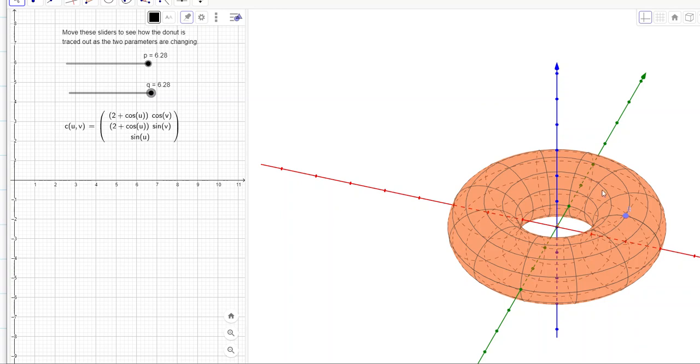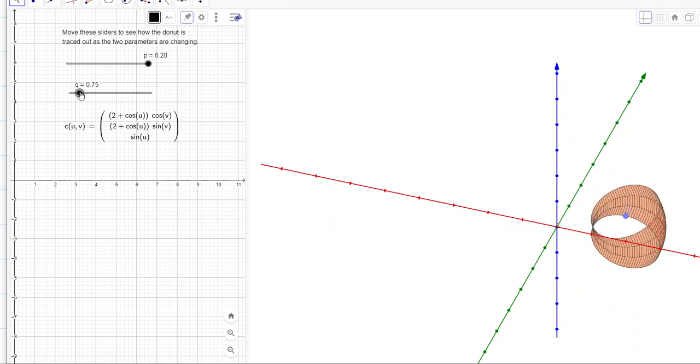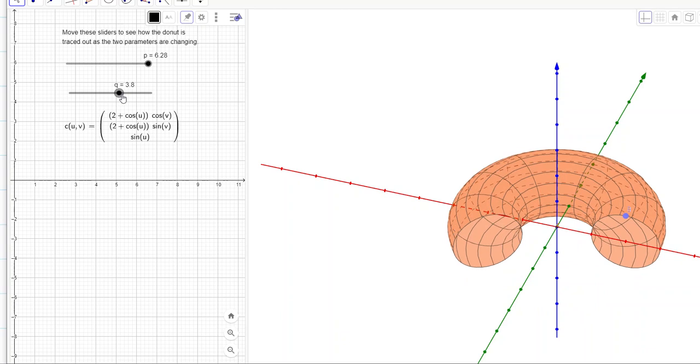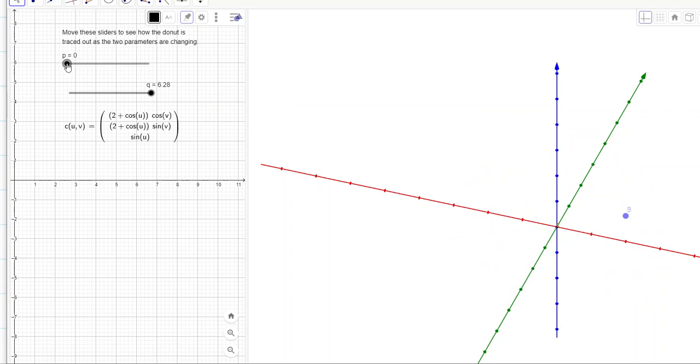Since this is a two-dimensional surface, we need two parameters, here p and q, or u and v. One parameter goes around the vertical axis, and if you change the second parameter, p, there is another way we can construct a torus, by keeping the second parameter constant and changing the first parameter.